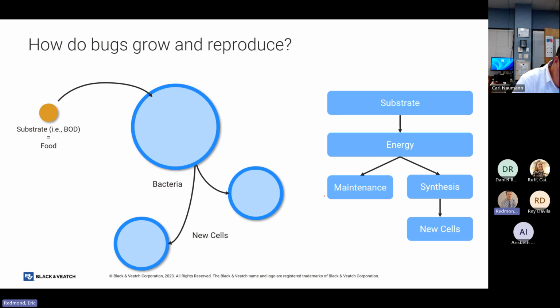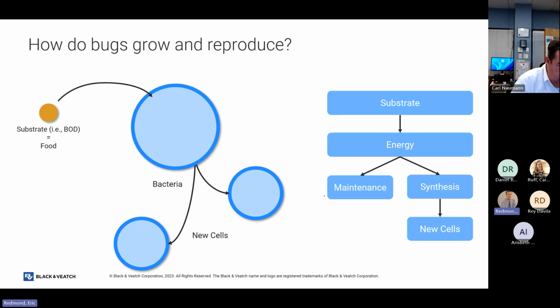If we have a system at the appropriate F to M, where bacteria have enough food, they're going to reproduce more cells, so you have a continuous fresh, younger population. Now, if we don't have enough food and energy, bacteria aren't going to start producing new cells.